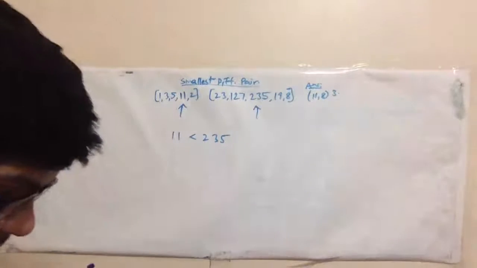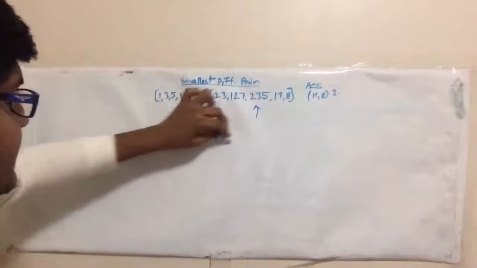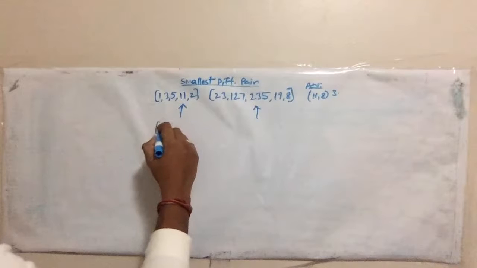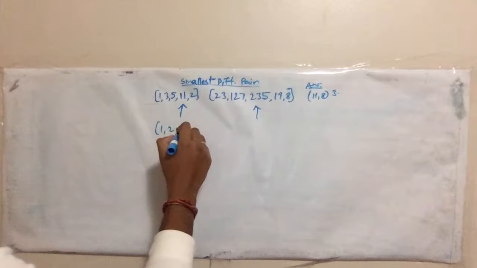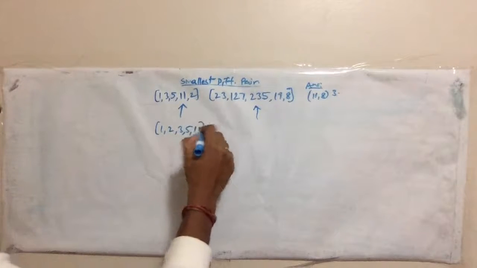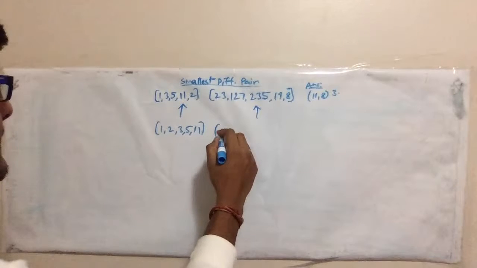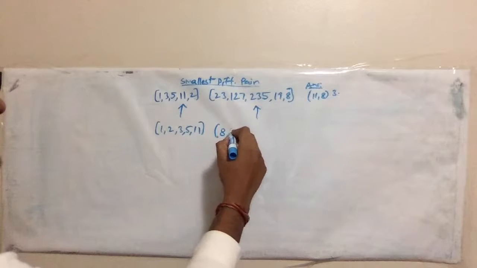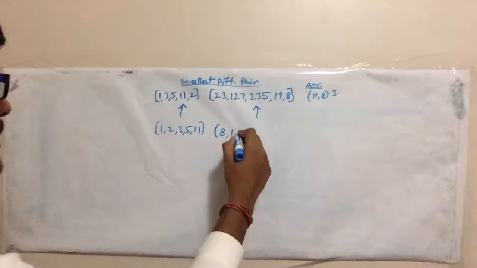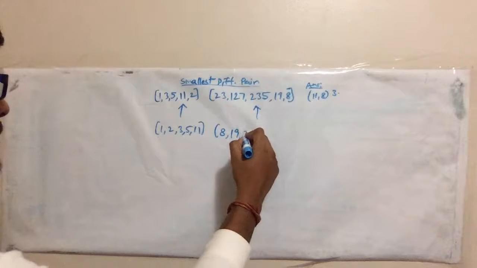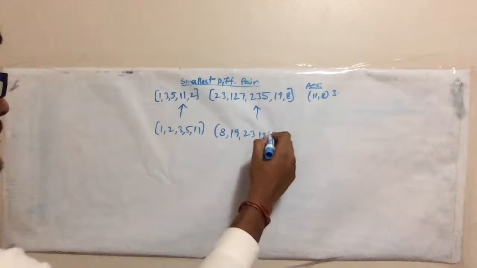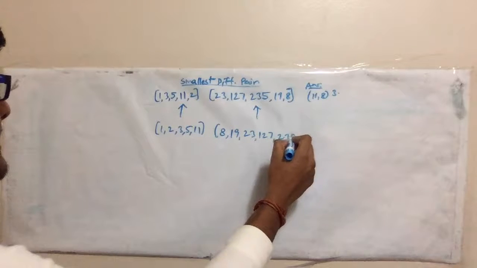One more thing here is, we need to sort these lists beforehand, like 1 2 3 5 11, for using this technique. And 8 8 19 23 127 235.